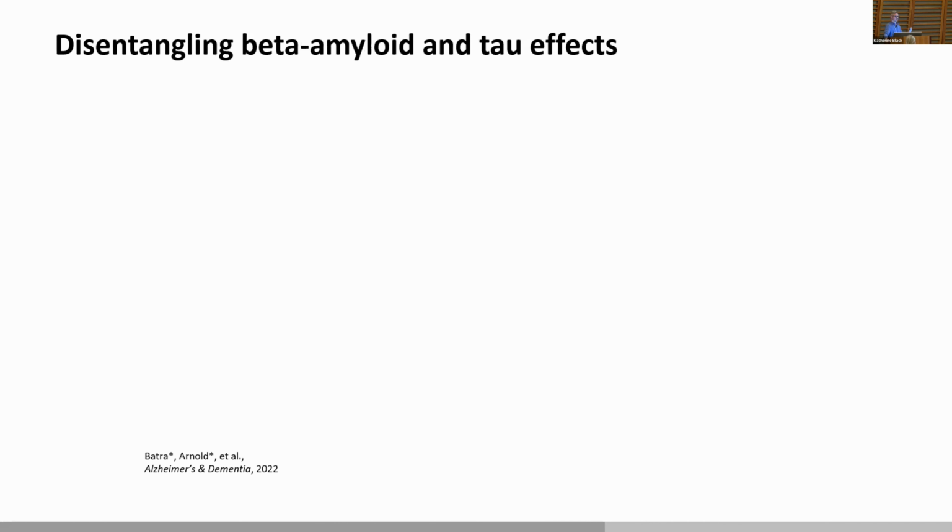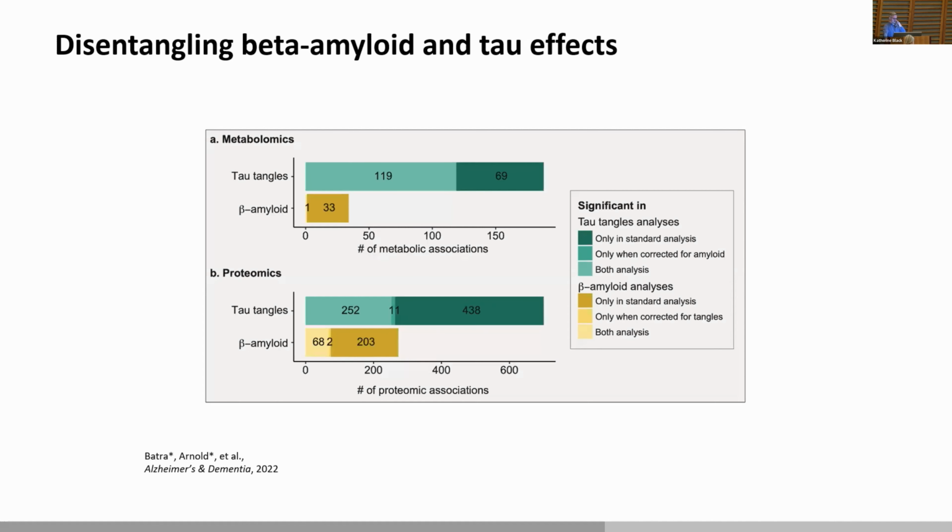Very high profile drugs and very high profile discussions about these drugs, whether this works. And at least our piece of information here that we can add to this discussion is that, at least from a statistical point of view, so what we did is we looked at the metabolic correlations with amyloid and then the other protein, tau, and corrected the model for the respective other side.